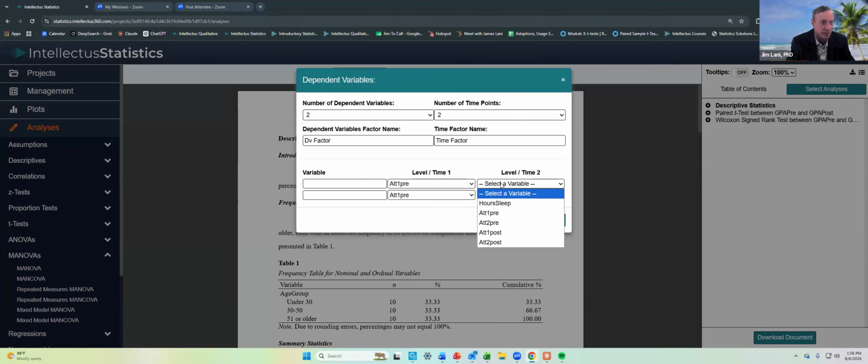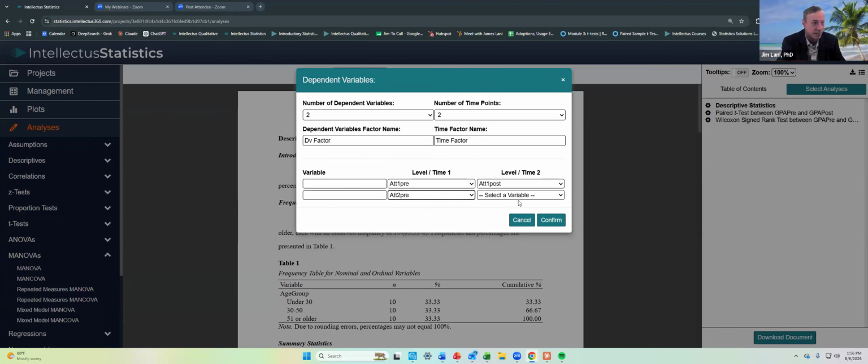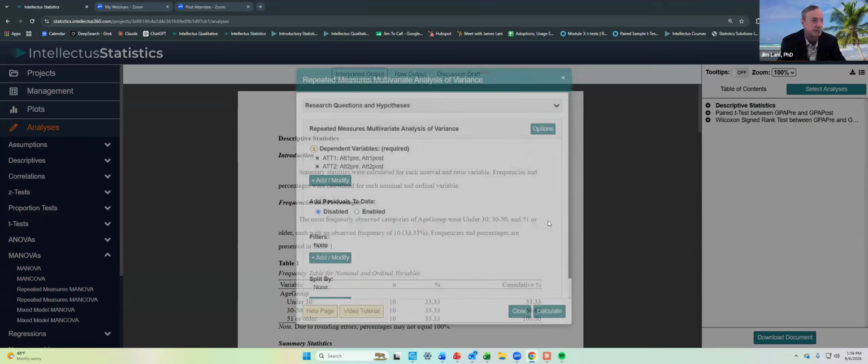Do one post, two pre. So this is how you would run it, with the variables.